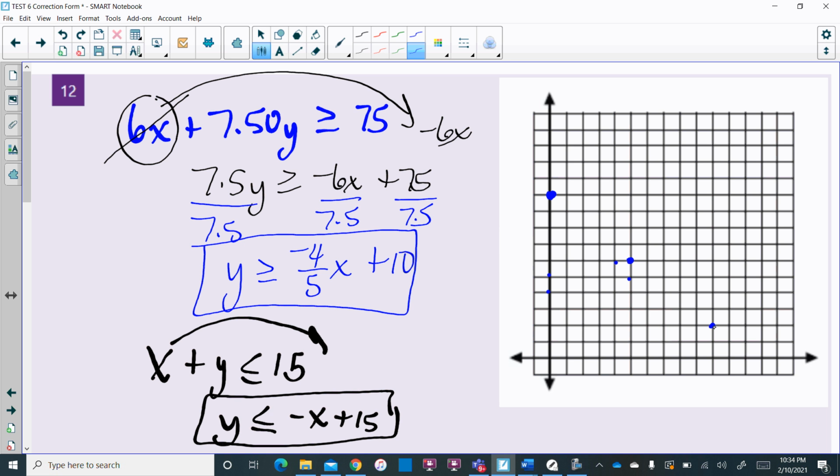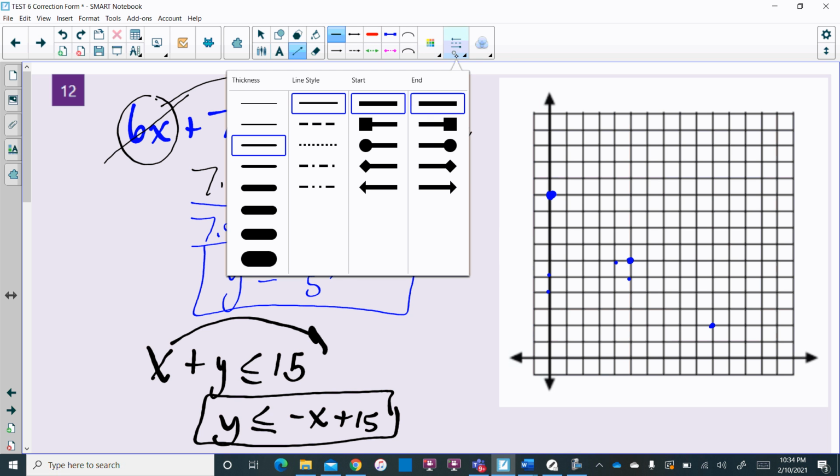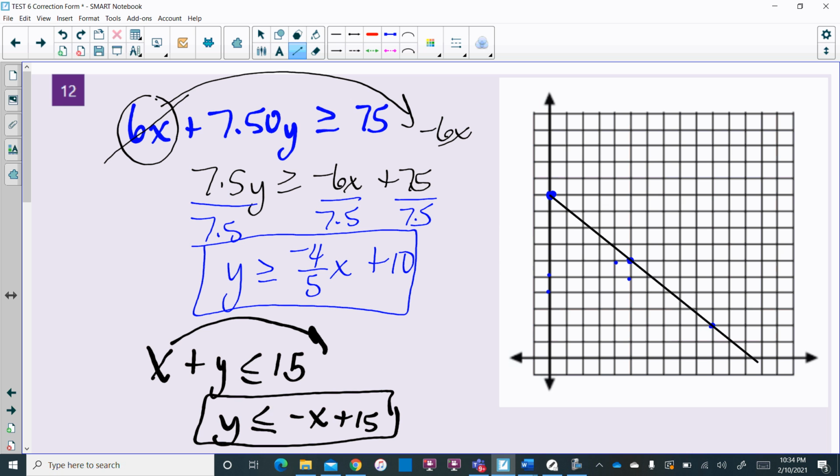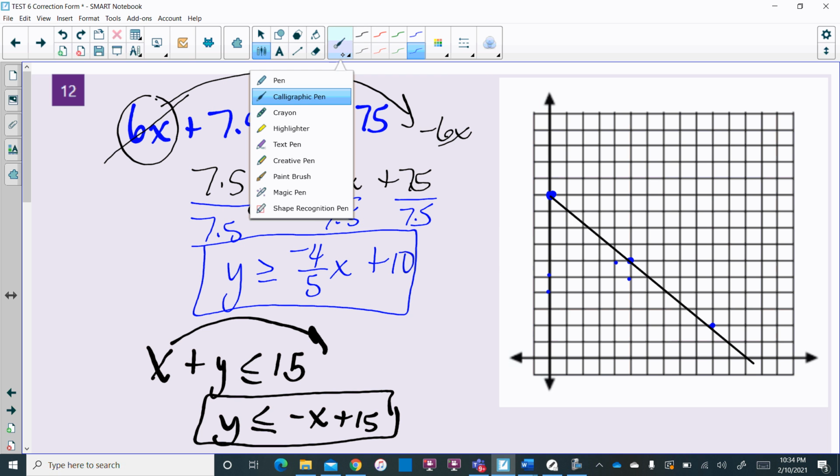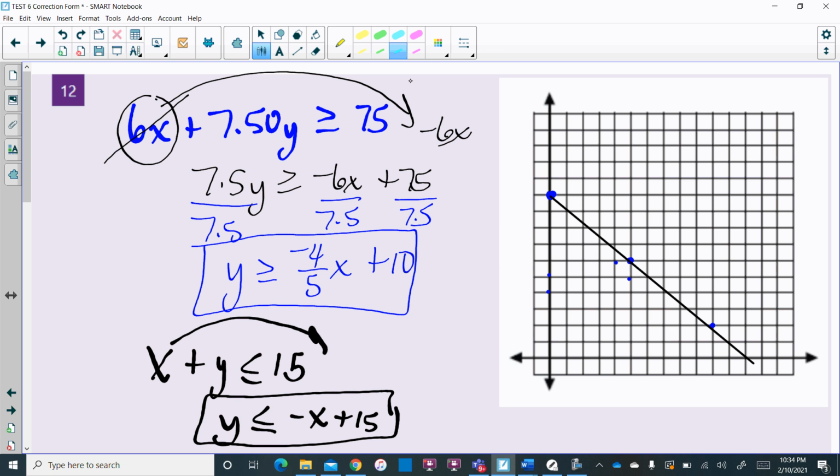And so this is going to be a solid line. I'm going to cheat with this applet so I can get a tighter line. Oops, it's not even blue. But we have a line right there. And it had to be less than or equal to. No, sorry, this line had to be greater than or equal to.